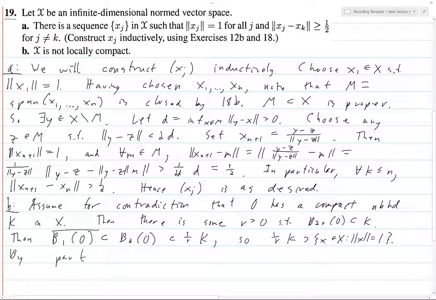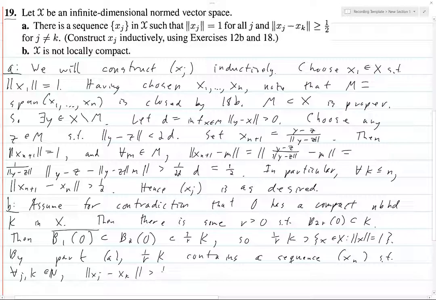By part A, 1 over rK contains a sequence xn such that for all j and k in the naturals, the difference between xj and xk is greater than or equal to 1/2.